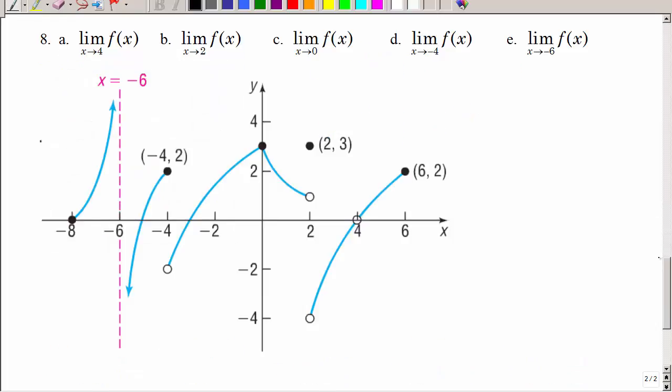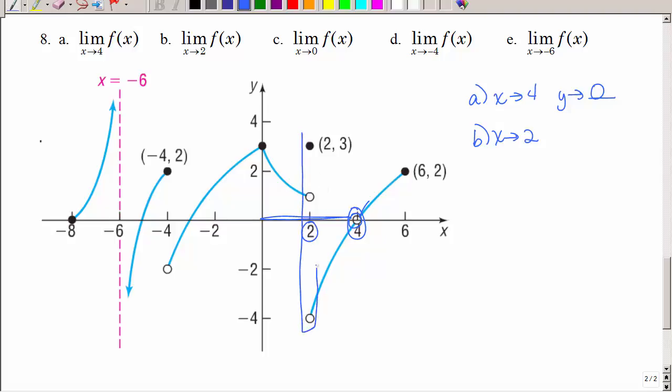Okay, we have lots of questions here. Let's take them one step at a time. Part A, as x approaches 4. Here's 4. What is your y value approaching? Well, right around here, what's your y value? 0. Part B, as x approaches 2. What is y approaching?